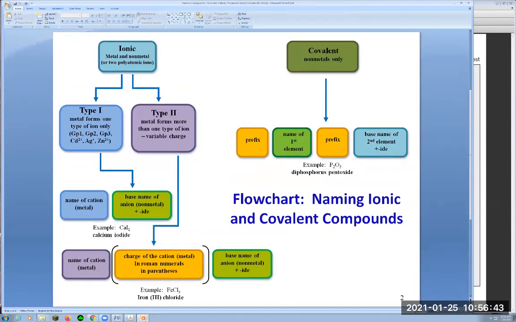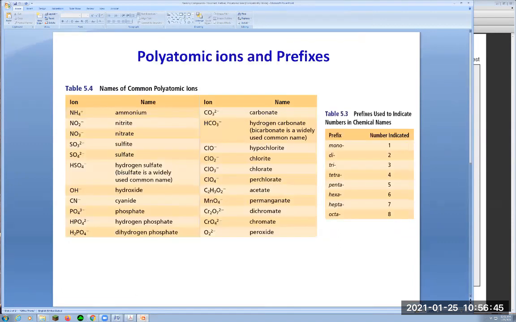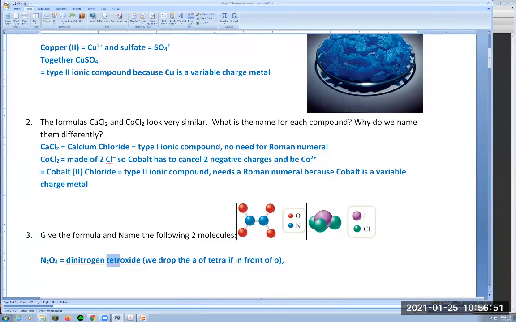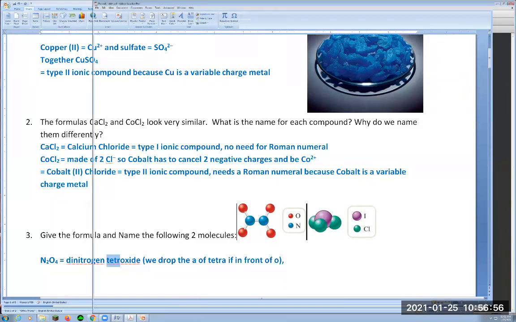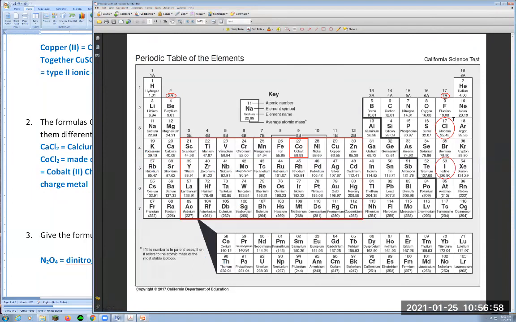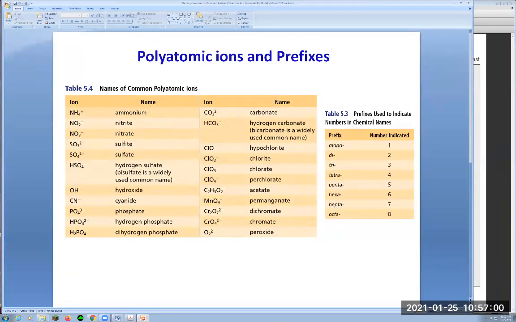We had one blue, no, I forgot the color, one purple, one iodine, and three chlorines. So the prefix for chlorine is going to be tri, for three chlorines.